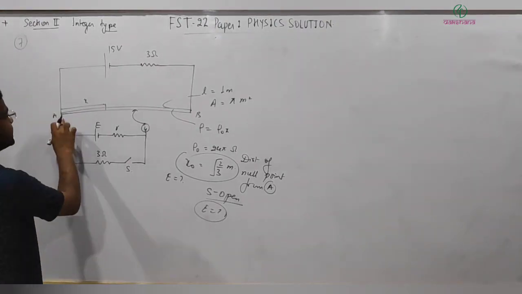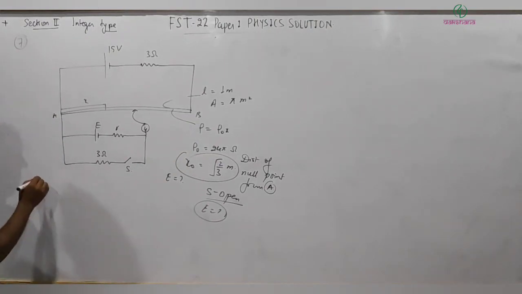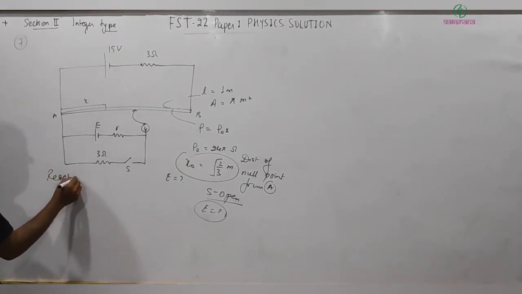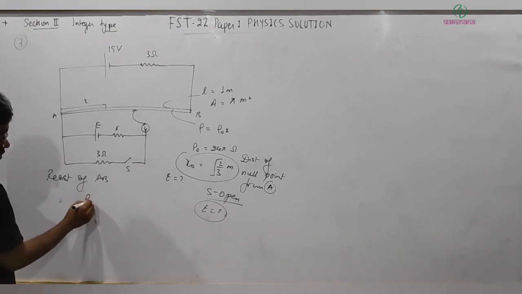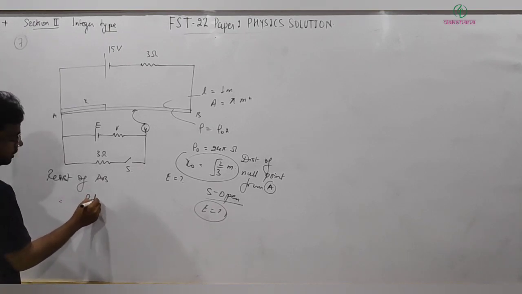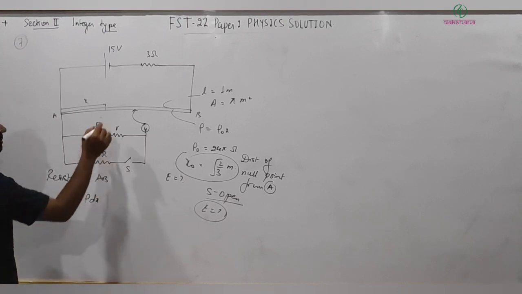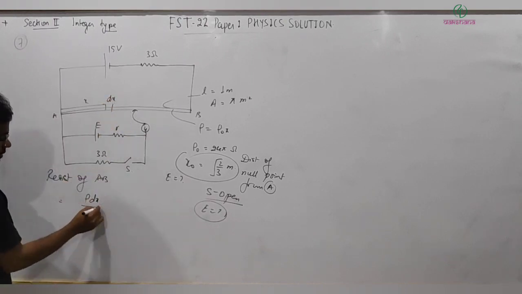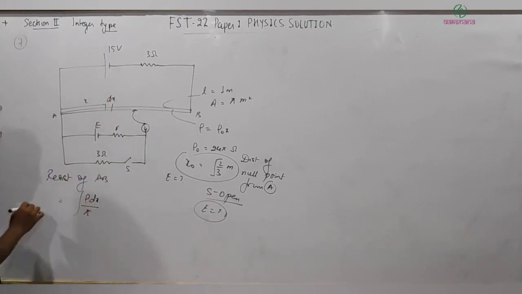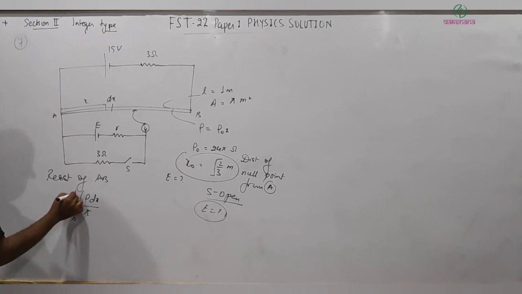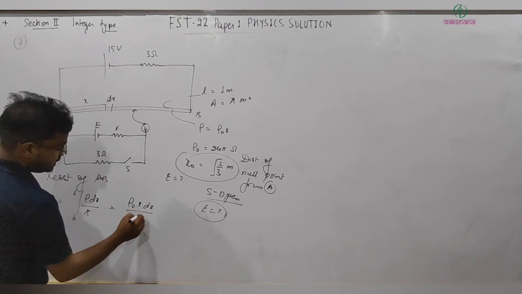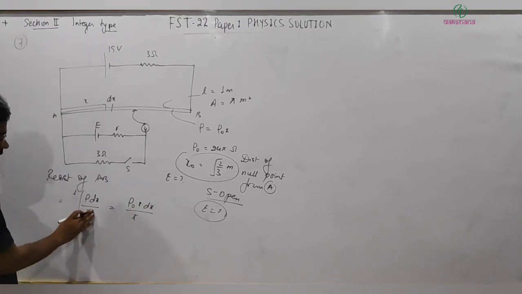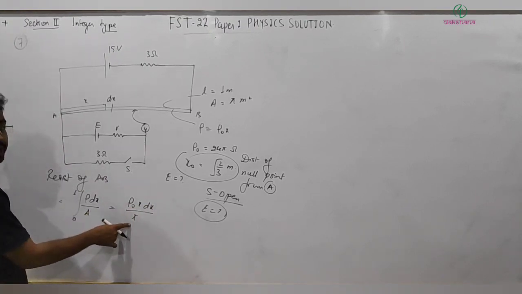First thing is let's calculate the resistance of wire AB. Because rho is not constant, I will take a small element dx: resistance is the integral of rho dx divided by area, from 0 to L, that is 1 meter. So this is rho naught into x dx divided by pi, where the area is pi meter square.